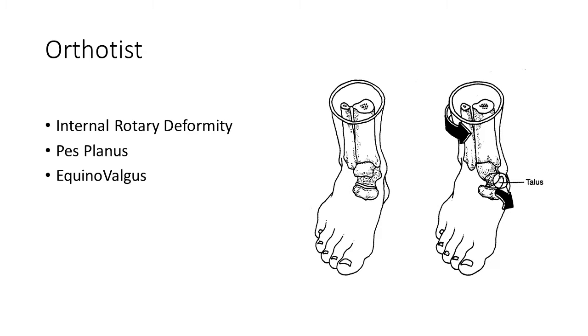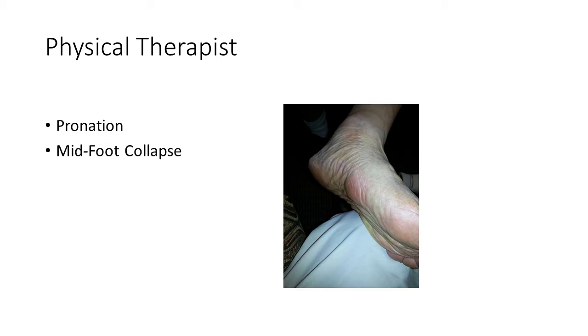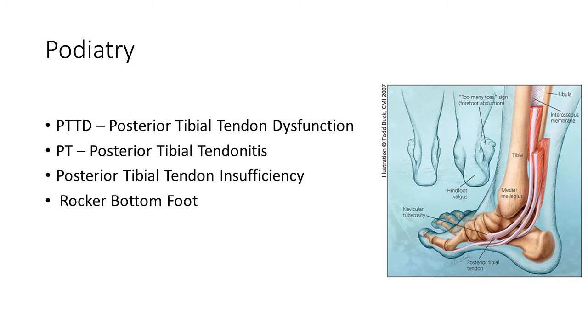However, after a while, I started to recognize that not every medial column breakdown case displays internal rotation. The physical therapist tends to use the terms pronation or midfoot collapse to describe what's happening here. And those are good generic terms, and everybody has an understanding of what the problem is. However, it's not specific. Podiatry has gone in, I think, the wrong direction.